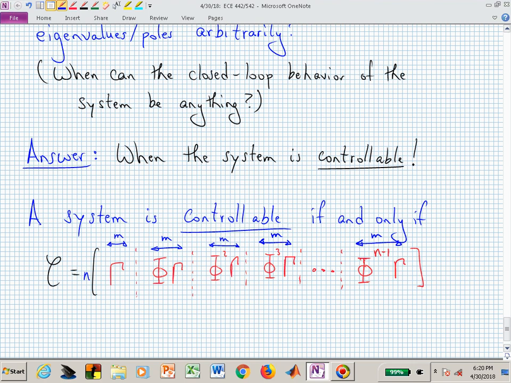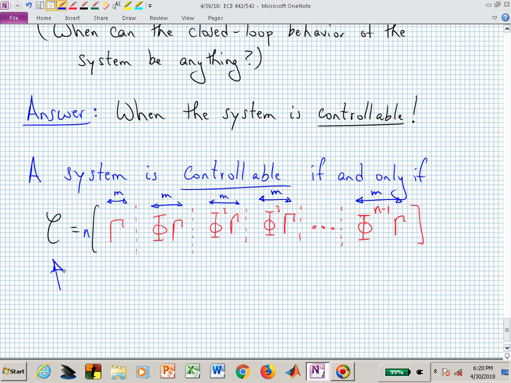We went phi, phi squared, up to n minus 1. So we actually have n sets of columns, because we started with phi to the 0. So we have m times n columns in this controllability matrix. All of that to say this is our controllability matrix.